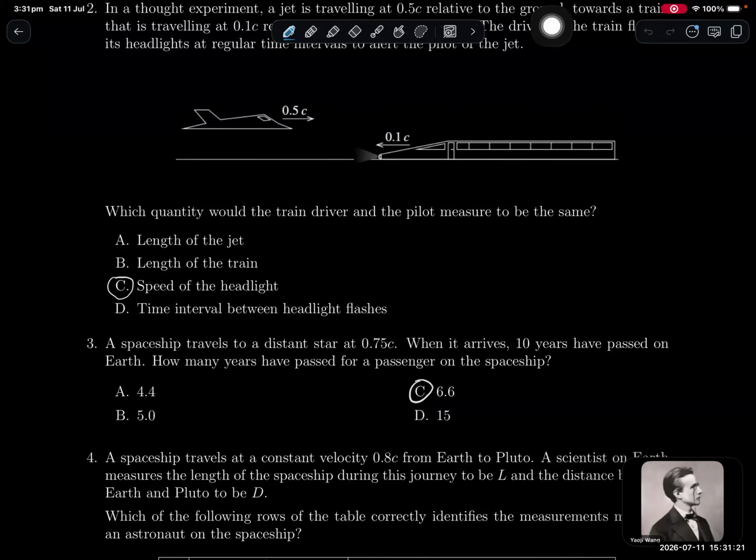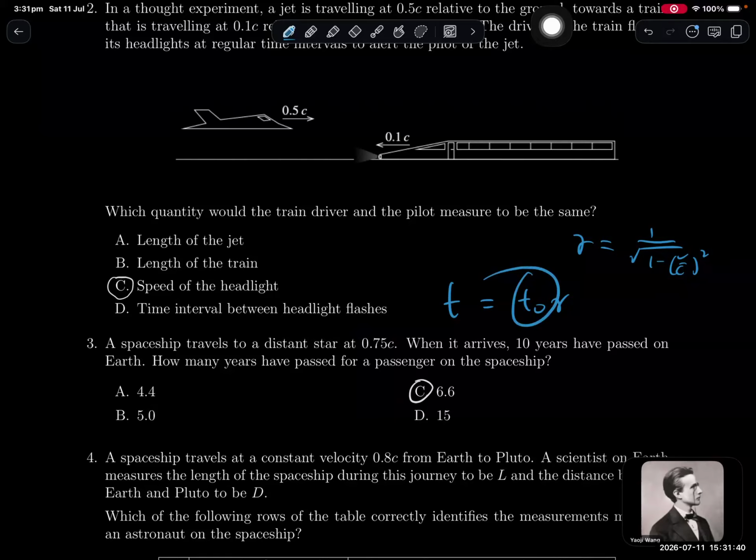So you just calculate the proper time, which will be t = proper time times gamma. Using this speed, you can calculate gamma. After you get gamma, rearrange for proper time. Correct answer is C.